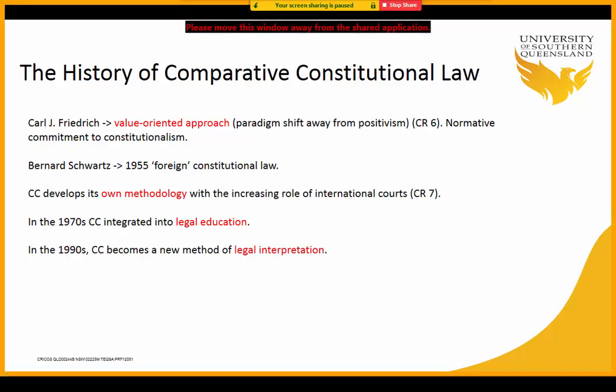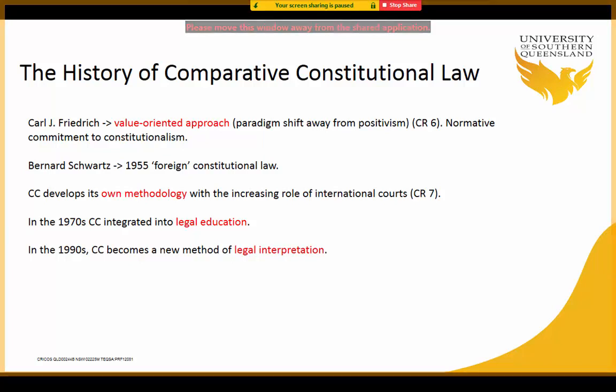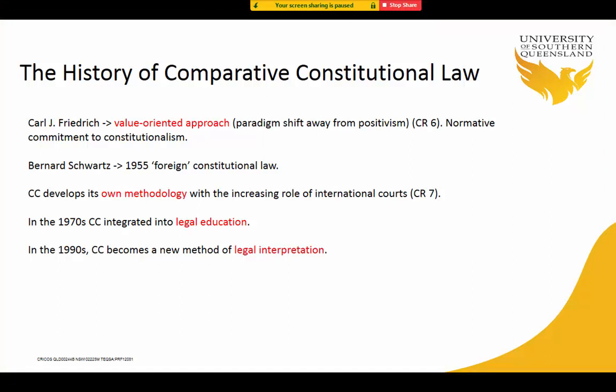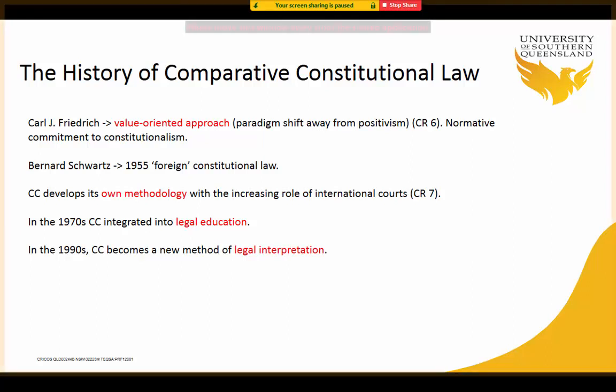I suppose the most important things are the last two. So in the 1970s, comparative constitutions became really part of legal education and comparative law generally, at least in the US, though maybe not as much as in Europe.